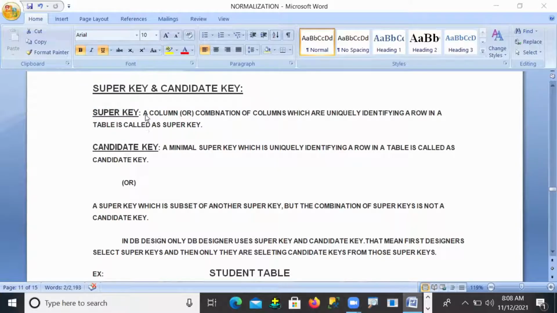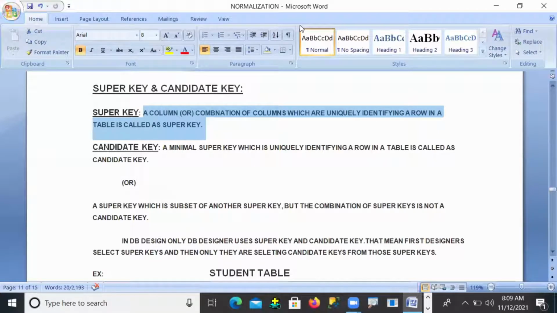Super key is nothing but a column, meaning a single column or a combination of columns, whose values uniquely identify a row in a table. Then it is called a super key column.